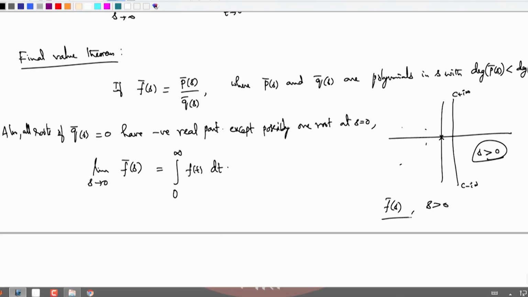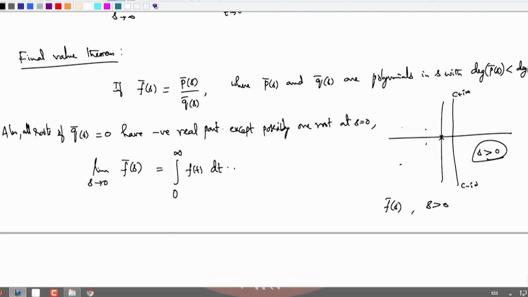So that for s positive it is an analytic function which is well defined, so that you can think about its limit as s goes to 0. That is the only assumption. These assumptions are simply to make sure that this limit is well defined.